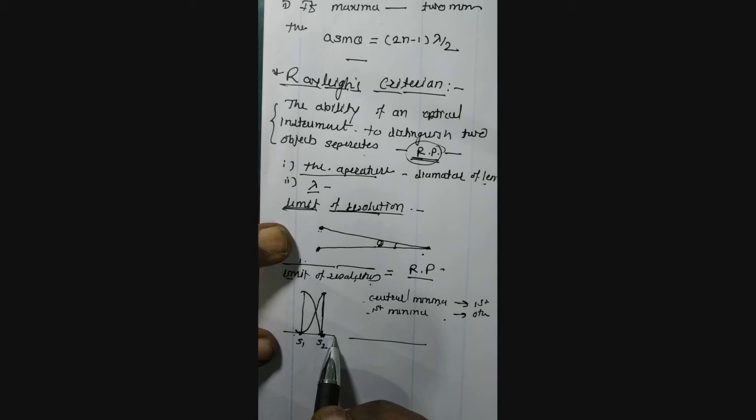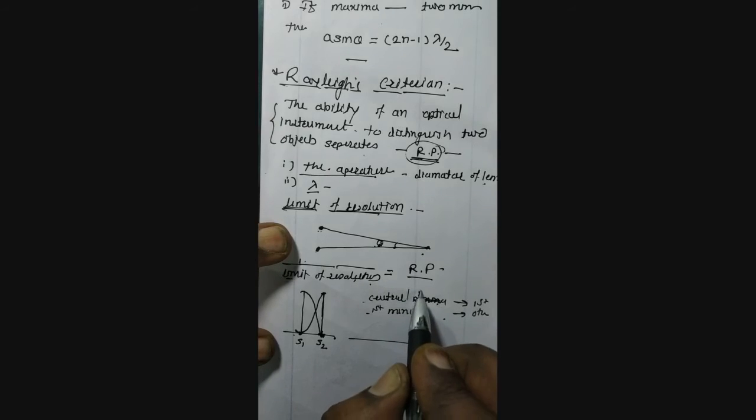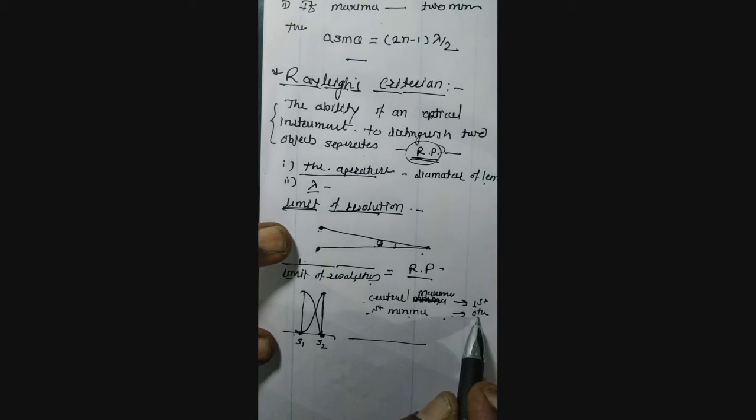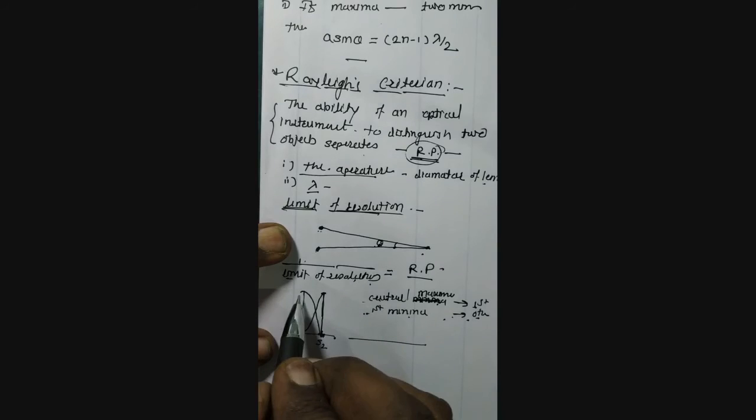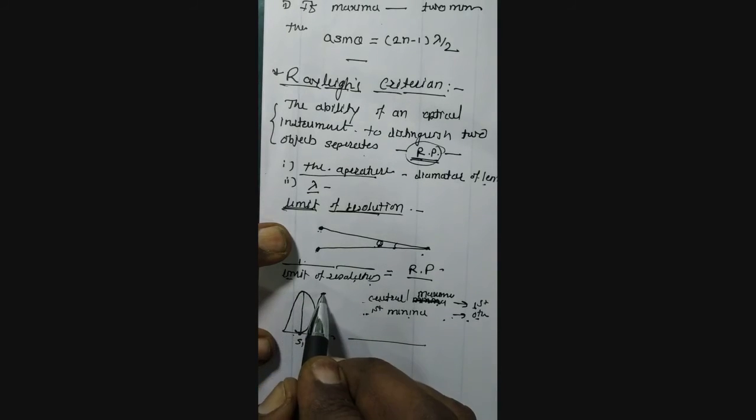According to Rayleigh, two objects are said to be just resolved if the central maxima of the first object coincides with the first minima of the second, and vice versa.